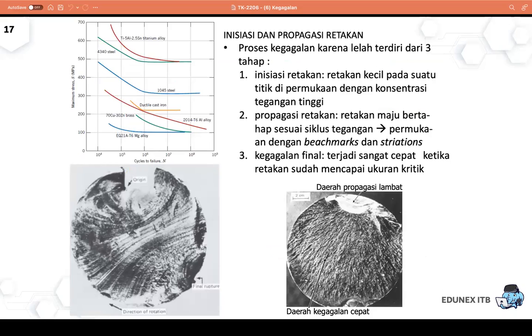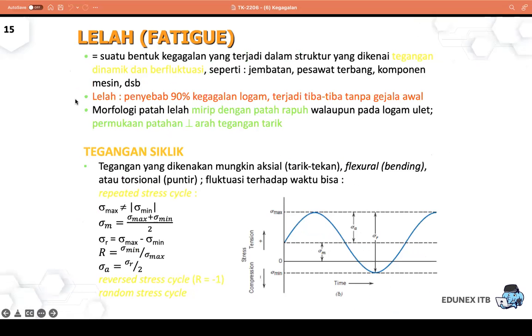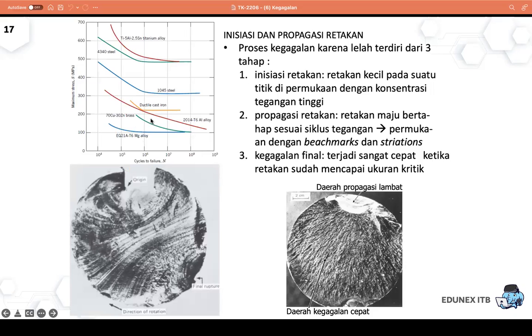Here is the cycles to failure for some maximum stress S. Here we have seen titanium alloys, magnesium alloys, aluminum alloys, cast iron, and so on. Here is going to be the origin, and this is the direction of rotation. It's going to be the final rupture.